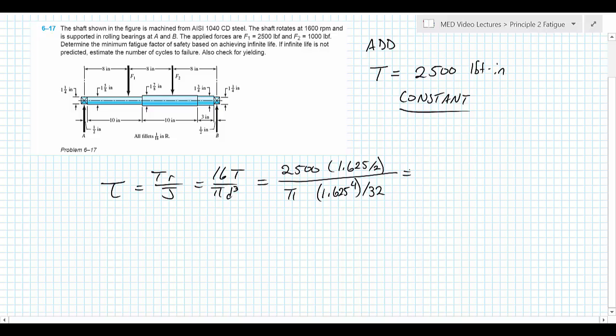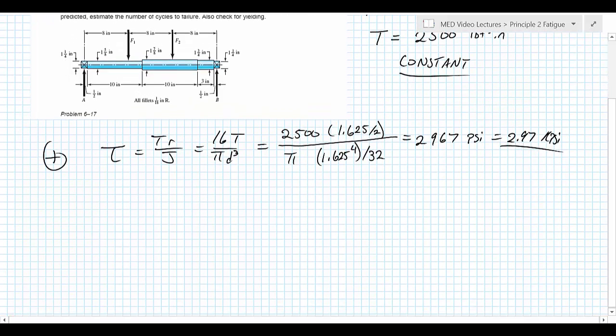This will give us a value of fairly low 2,967 psi, or 2.97 kpsi. So that's what we're going to be adding to the problem.